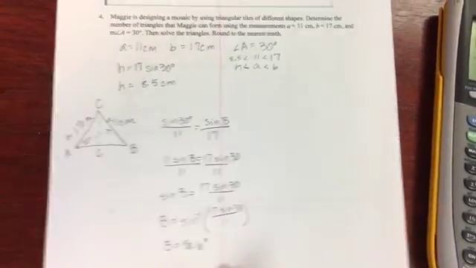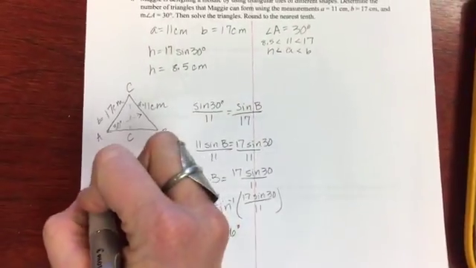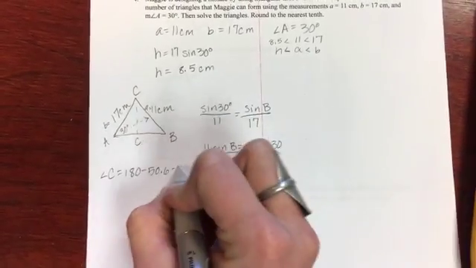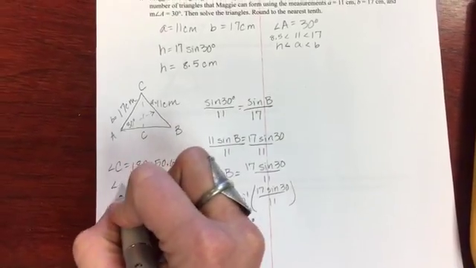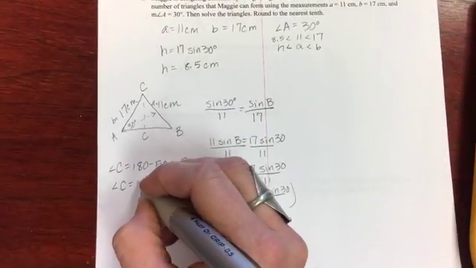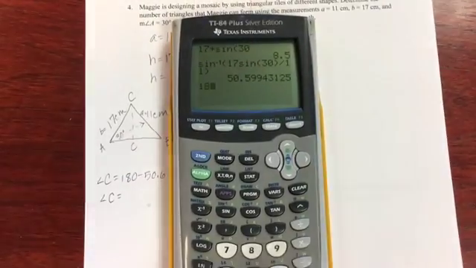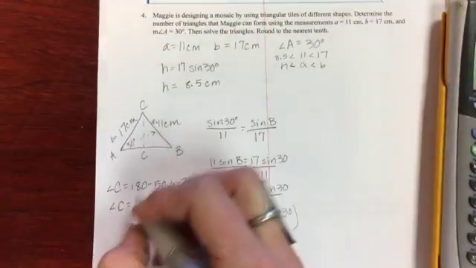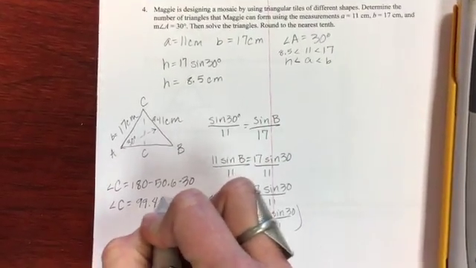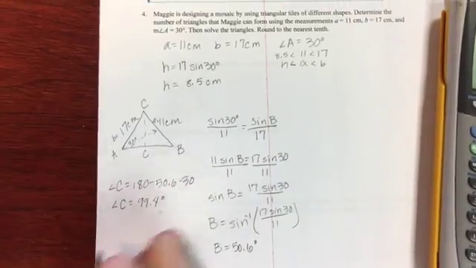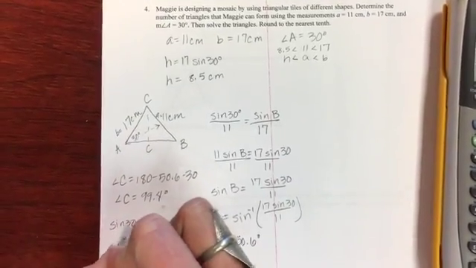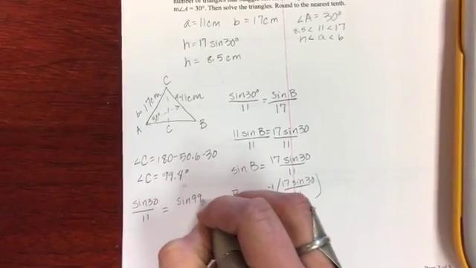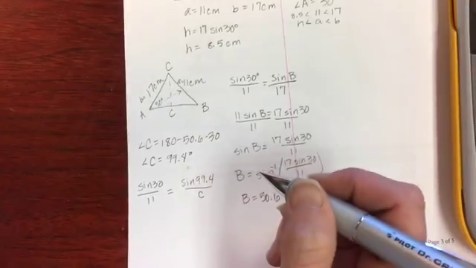Then we can use that to find C. So angle C is 180, subtract 50.6, subtract 30, which is 99.4 degrees. Then we're going to use our sine again. Sine of 30 over 11 equals sine of 99.4 over c.